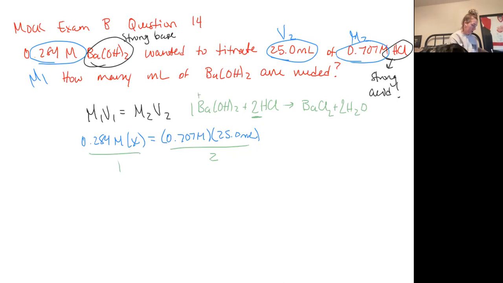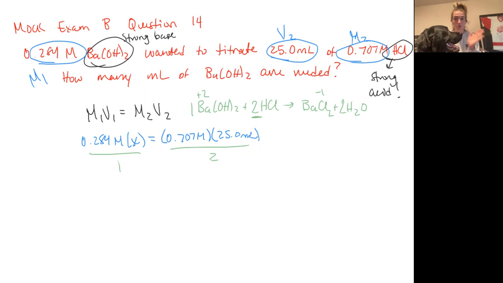Barium is going to have a +2 charge and chlorine will have a -1 charge. So that just balances it out in terms of the subscript of 2. When you're doing this, as long as you have a balanced chemical equation and you use the reciprocal of your coefficient, that will get you to the correct answer every time.